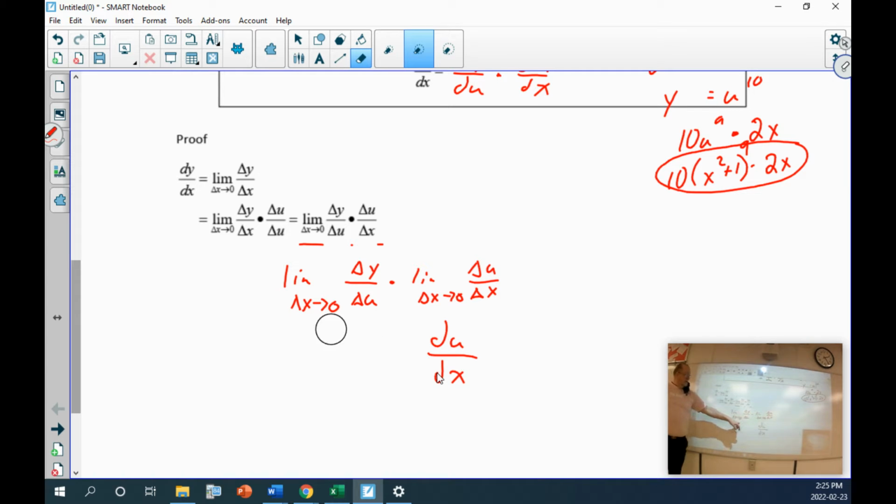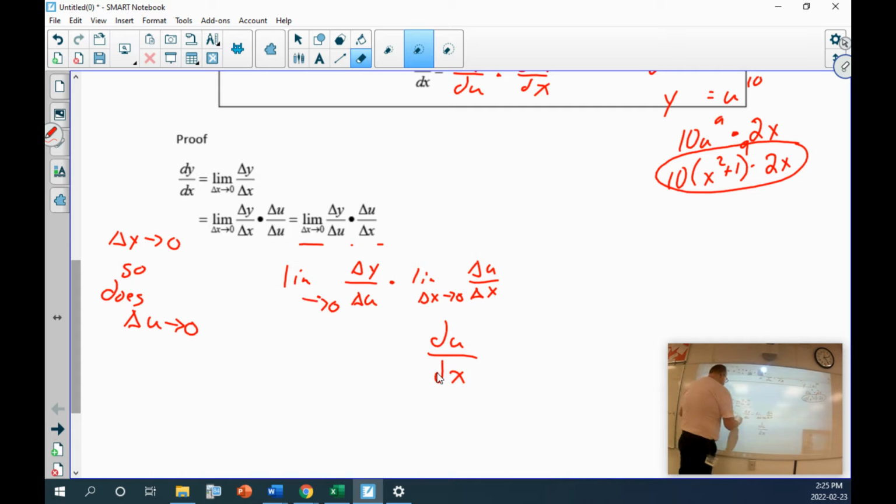But as delta x approaches 0, so does delta u. Okay, so there's this idea, if I'm getting closer and closer with my delta x, my delta u is also getting smaller and smaller. So I can then replace my delta x with my delta u, and now we have the derivative with respect to u. So there's the proof for it again.